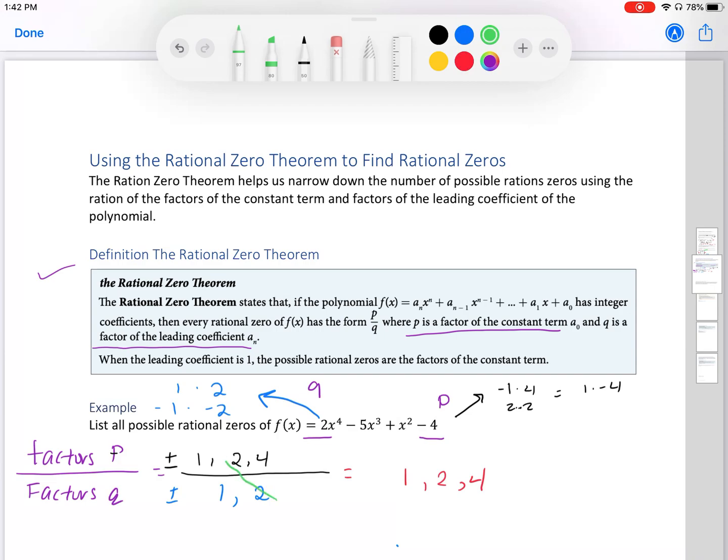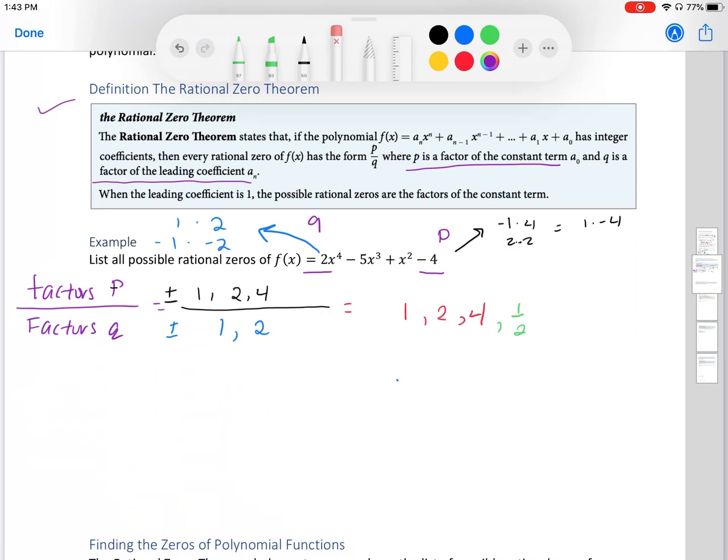So I have 1 divided by 2, that gives me 1/2. 2 divided by 2, that gives me 1. But I already have 1 over here, so I can just disregard it. And then I have 4 divided by 2, that gives me 2. Again, I already have 2 here, so I don't have to double count it. And those are all of your possible rational zeros.